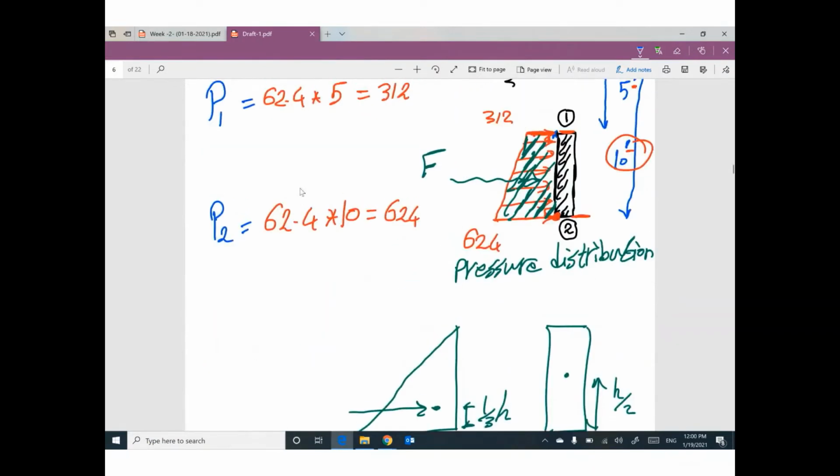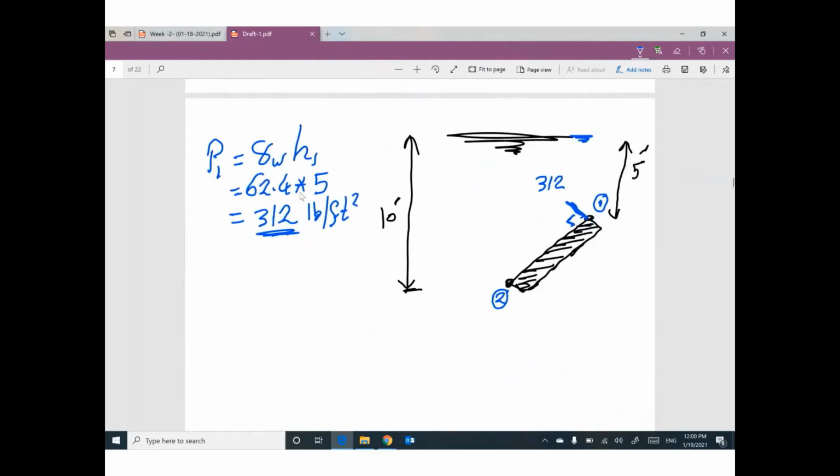In the first case, we put this value perpendicular to the surface. The surface is vertical, so your value is horizontal. This time, the surface is inclined, so your value will be perpendicular. Pressure number 2, gamma water times H2, so 62.4 times 10 equals 624.